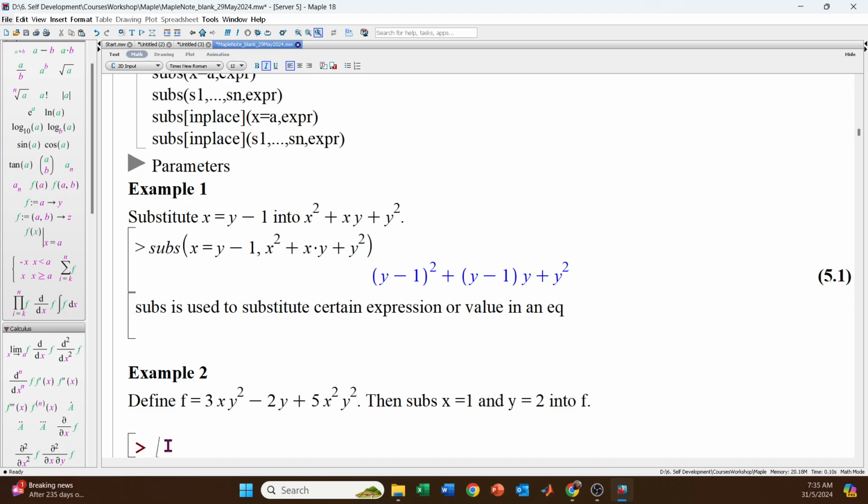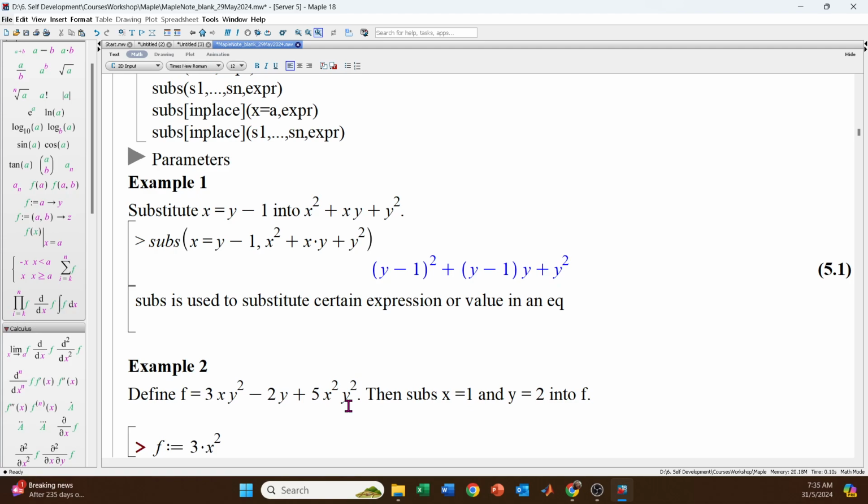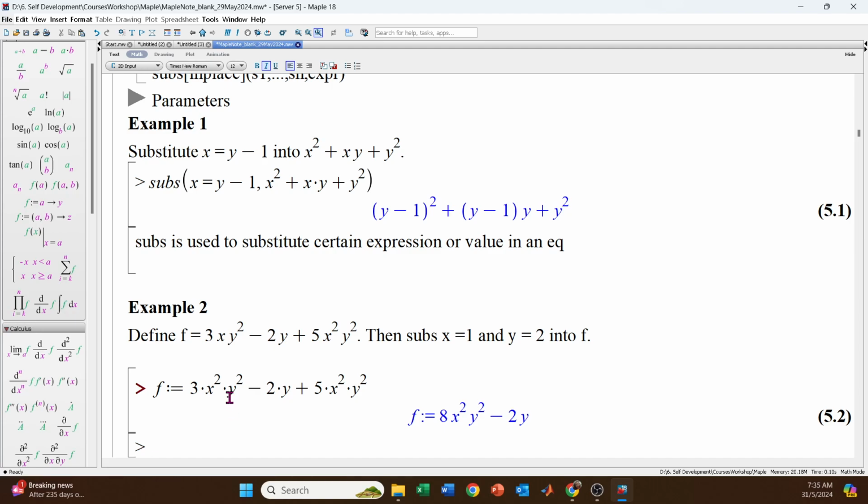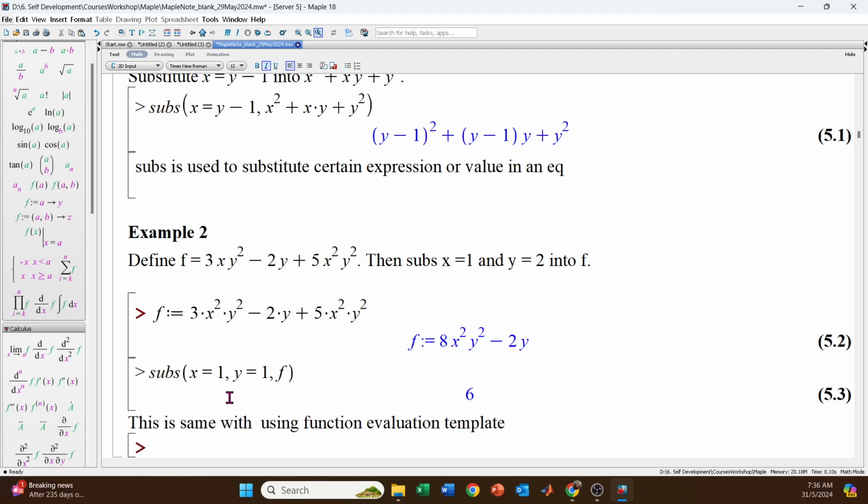Okay, so define f like this. F colon equal 3 times x power 2 multiply y squared minus 2 times y plus 5 times x power 2 multiply y power 2. I define f, later on I substitute, SUBS, x equal 1, y equal 2 into f, like this.